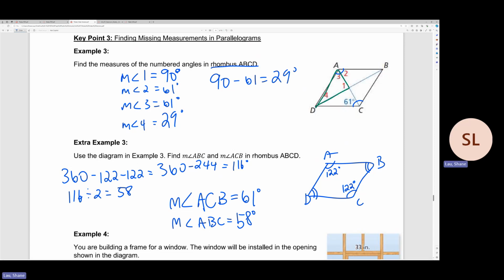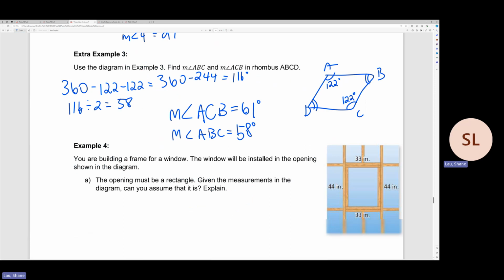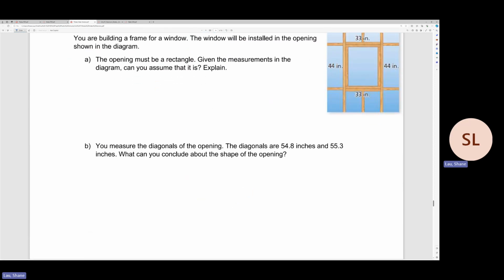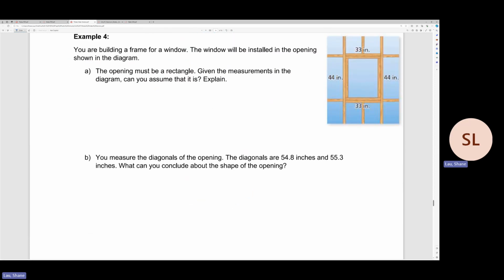But we keep going, and we're looking at example 4 now. This is where you want to be really careful. You are building a frame for a window. The window must be installed at the opening shown in the diagram. What we can glean from this information is that we know the opposite sides are congruent.